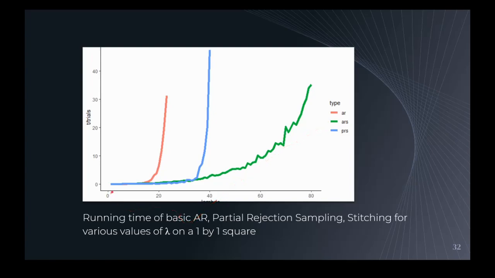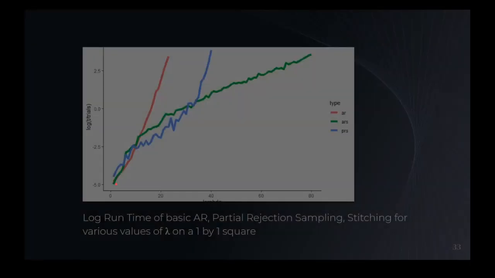And what you find is that the AR is exponential. PRS is polynomial for a while, but then past a certain threshold for lambda becomes exponential again. Whereas acceptance rejection with stitching will be exponential in lambda, unfortunately, but the rate of the exponential is much less than for the other 2 algorithms.